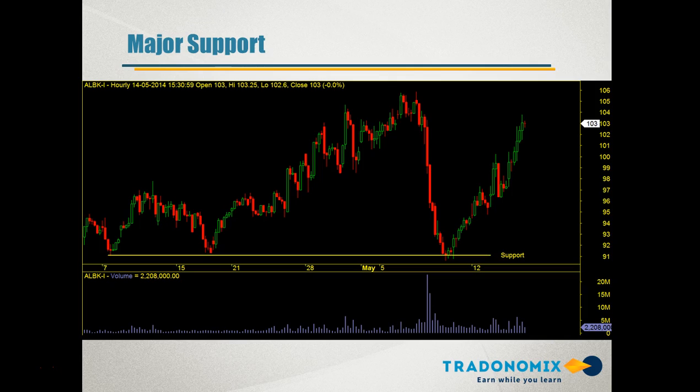You can see this major support at a price of, say, 91 for this stock, which is Allahabad Bank. It's an hourly chart. 91 is the price where you can see the price repeatedly hitting 91 and moving up. So you have a support at this price of 91.